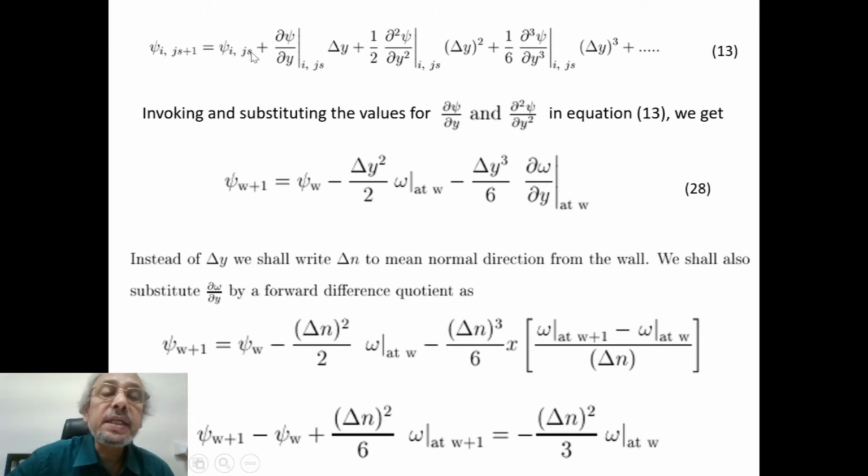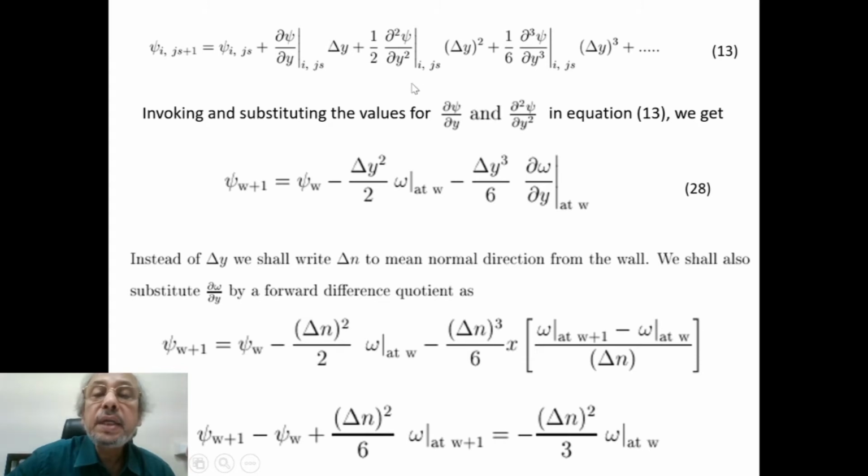So psi_(i,Js) is psi at the solid surface, and this is psi_(i,Js+1), that is psi at the near wall point, plus del psi del y into delta y, plus half del 2 psi del y2 into delta y square, plus 1 by factorial 3 del 3 psi del y3 into delta y cube. Now in this equation, clearly del psi del y is the u velocity and the u velocity is 0. We can set this directly to 0.